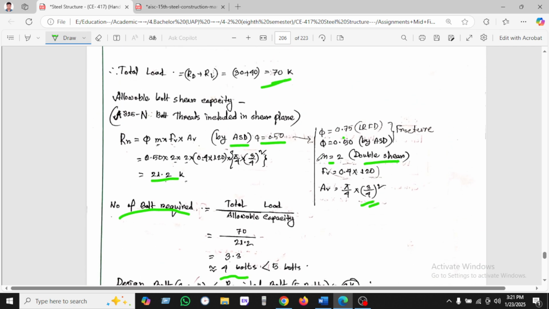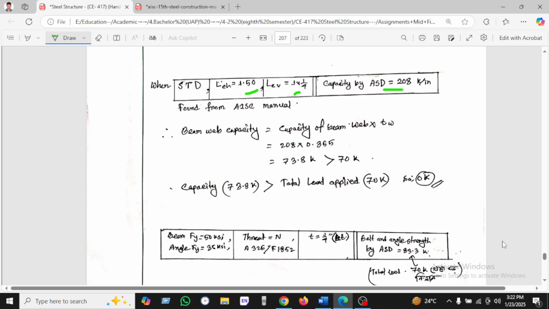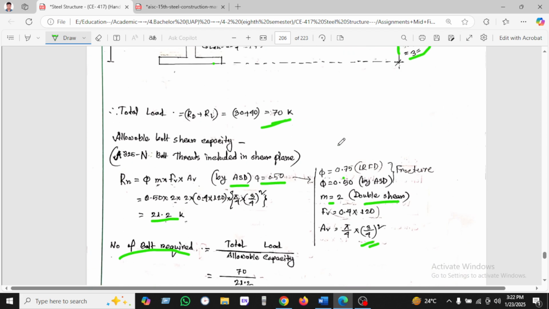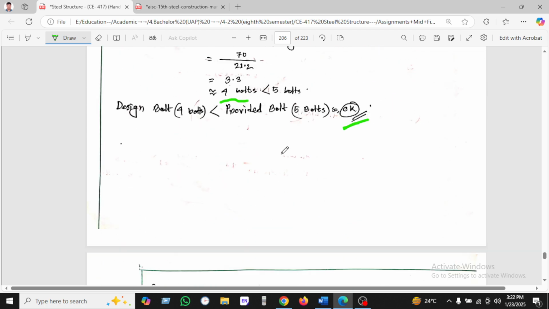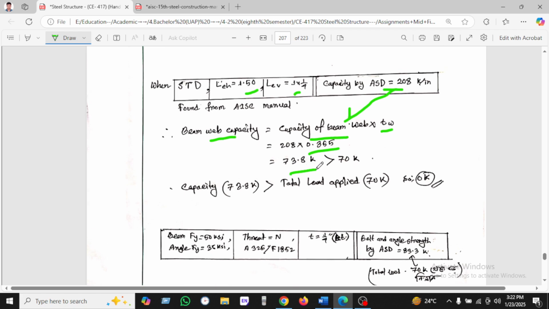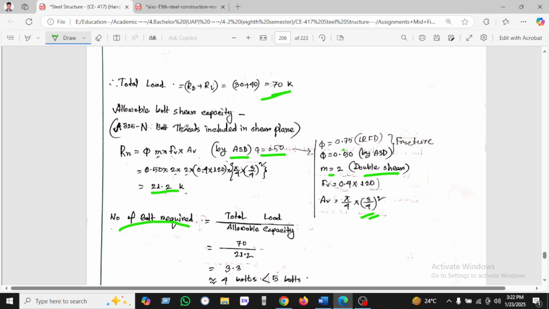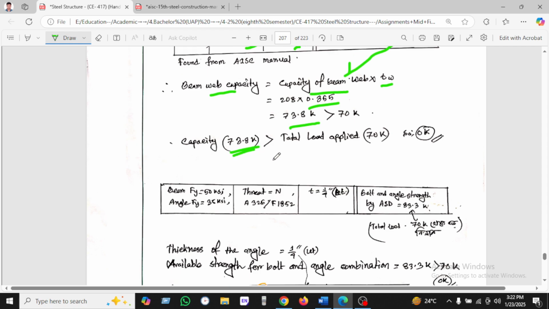On the other hand, the beam web capacity we have found is 208, and TW, the thickness of the web, we have found 0.335 from the AISC manual previously. In this way we have found 73.8 kip, which is greater than the applied load. Our applied load, dead load plus live load, is 70, but the section capacity is greater than 70, which is taken from 73.9, so it is okay.